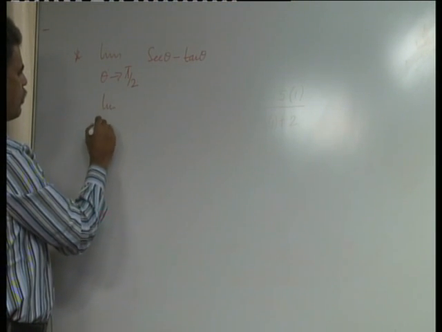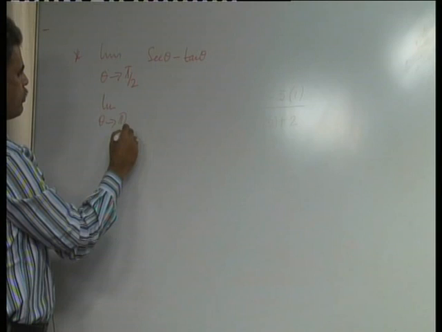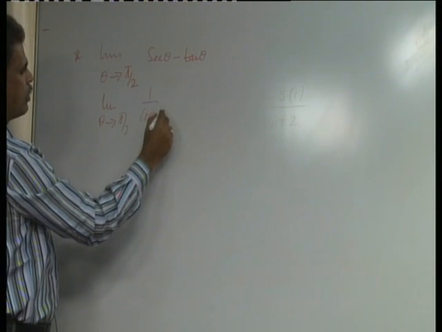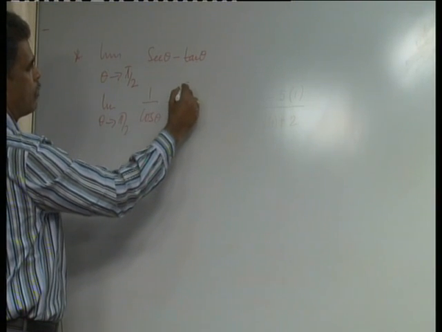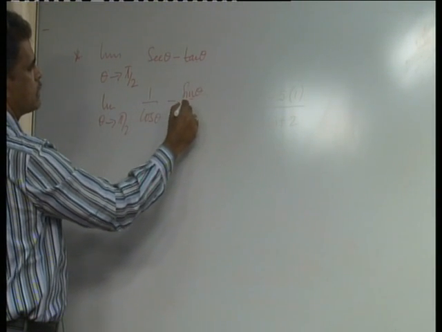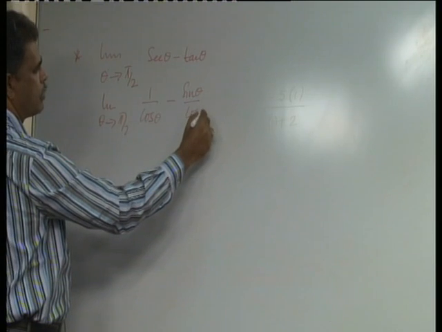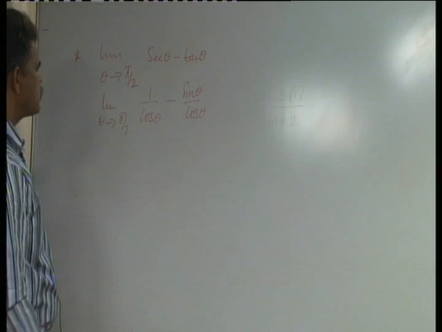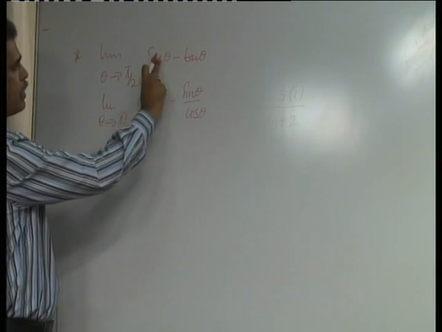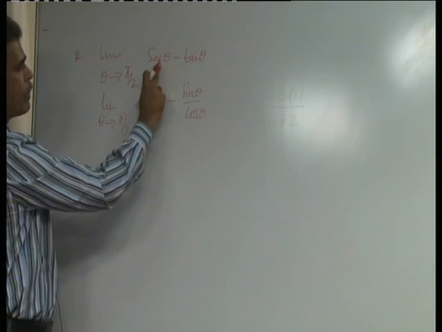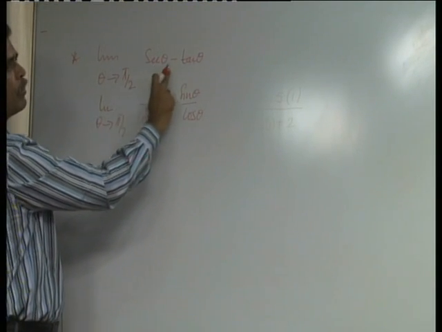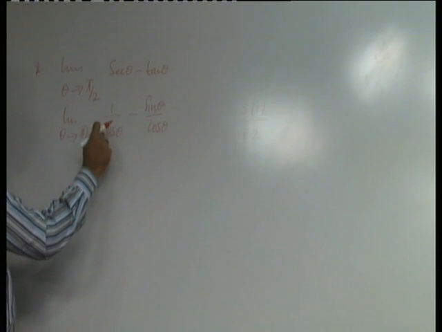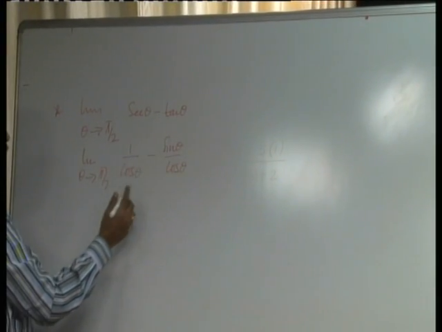Secant theta can be taken as 1 by cos theta, and tan theta can be taken as sin theta divided by cos theta. Is it clear? If I apply the limit directly, it will become an indeterminate form. Hence, you convert it in terms of sin and cos.